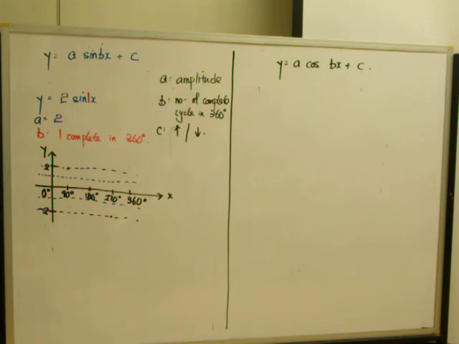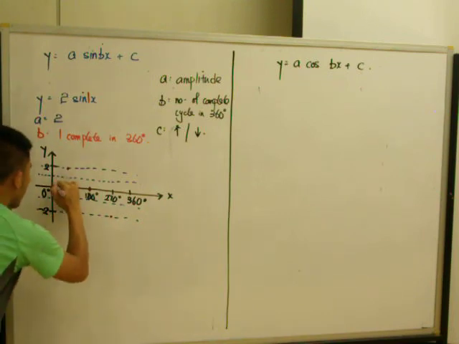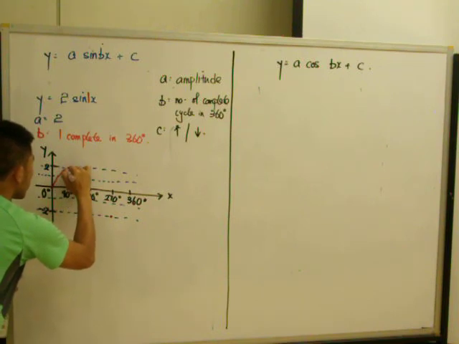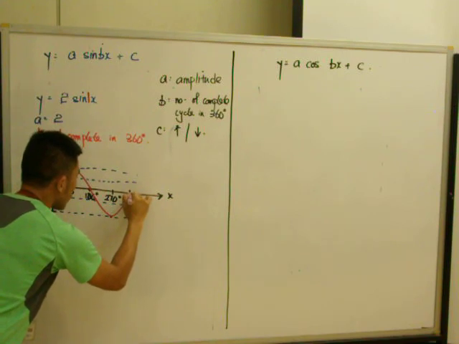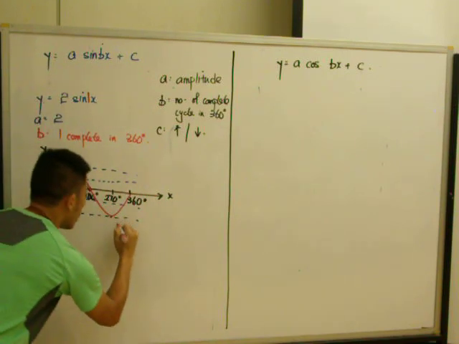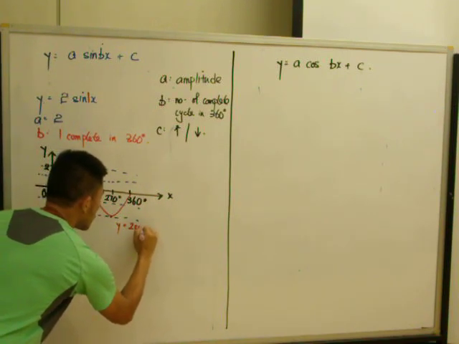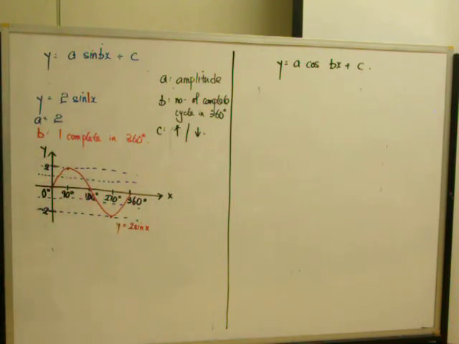After that, I join them together. Very simple, I join them together and label it y equals 2 sine x. This one graph like that is only awarded 1 mark. You stop already. Happy New Year.